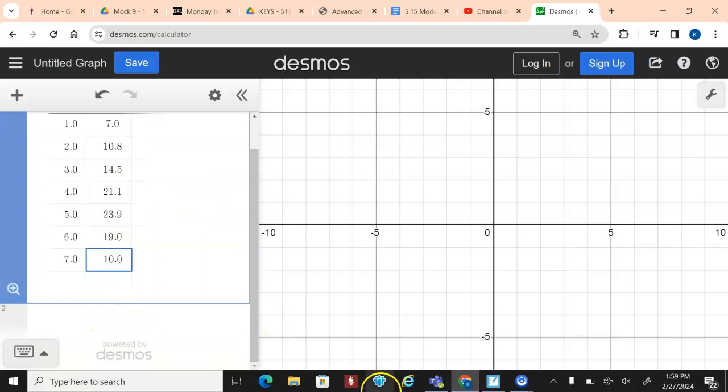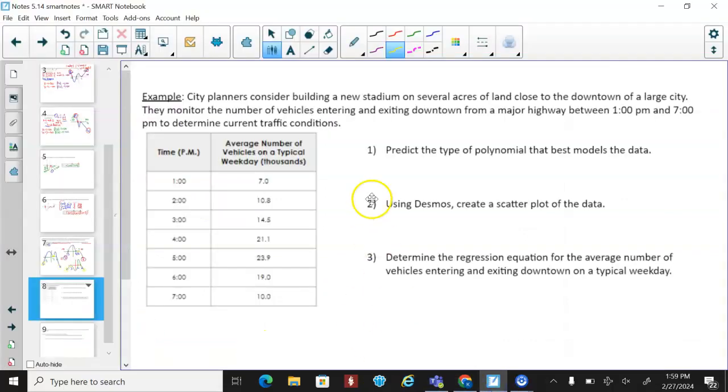Now, for our cubic regression, it says predict the type of polynomial that best models it. This is a cubic, okay? And then using Desmos, create a scatter plot of the data. So we are going to use a formula, just like we had for quadratic. It's going to be y1 tilde, which is the top left corner of your keyboard.